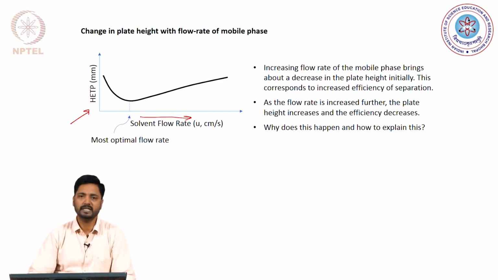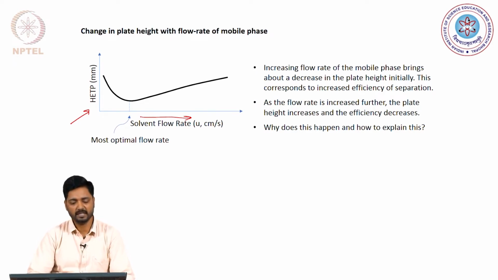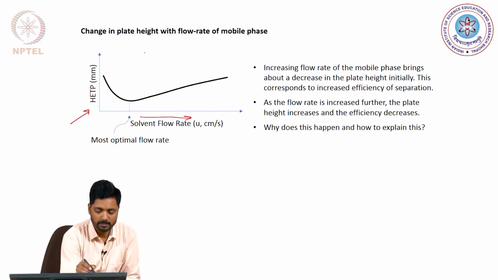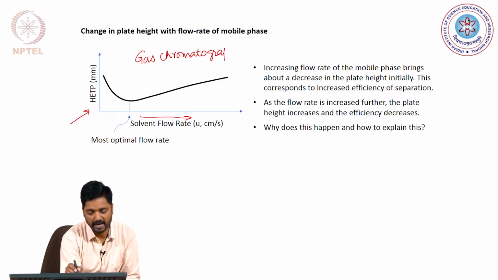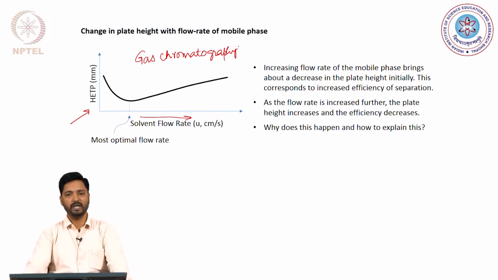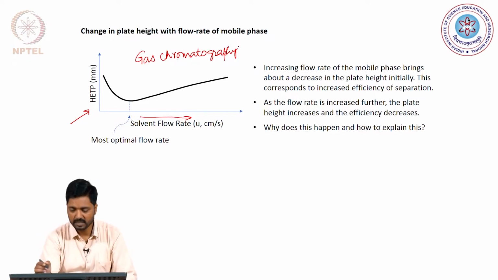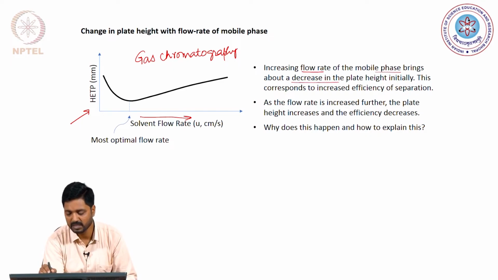This was indeed found to be true for many cases, but is quite true for separations which are undertaken in what is known as gas chromatography, and in the subsequent week we will be discussing in detail what this gas chromatography is. But for our purpose, what we observe here is that increasing the flow rate of the mobile phase initially brings about a decrease in the plate height.